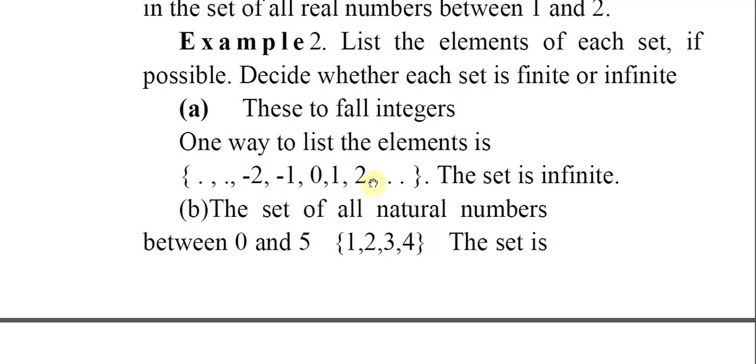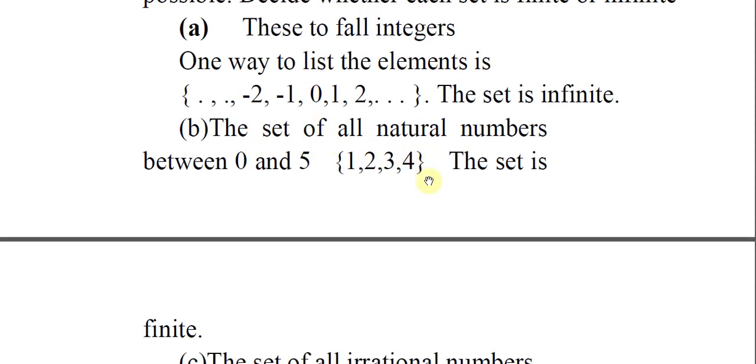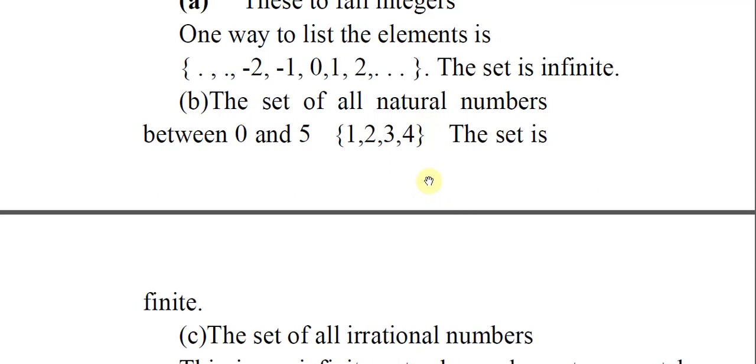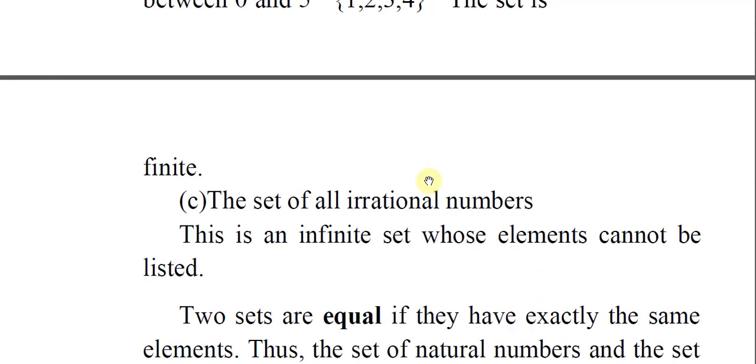The set of all natural numbers between 0 and 5 is finite because we have just 1, 2, 3, 4. That's why it is finite. And the set of all irrational numbers is infinite.